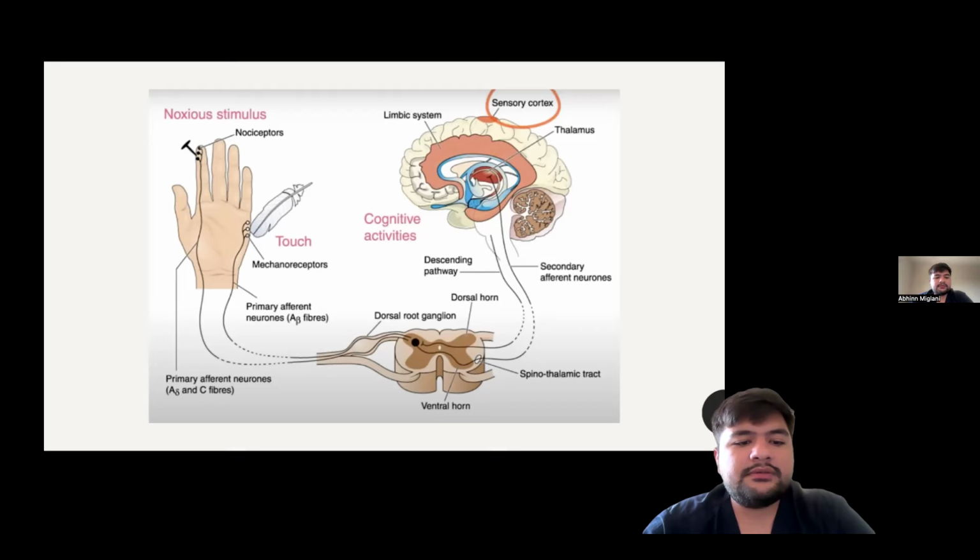Then the pain is transferred via the A delta and C fibers. Similarly, the mechanoreceptors sense touch, and A beta fibers transfer them towards the dorsal root ganglion. Then from the dorsal root ganglion via the spinothalamic tract, it travels towards the thalamus and finally towards the sensory cortex, where it is interpreted as pain.